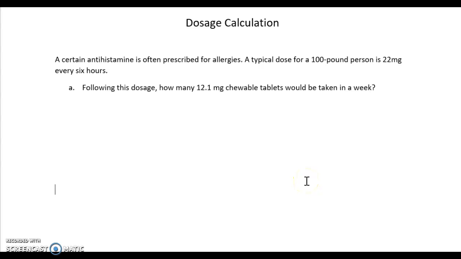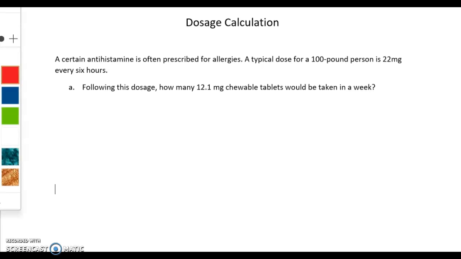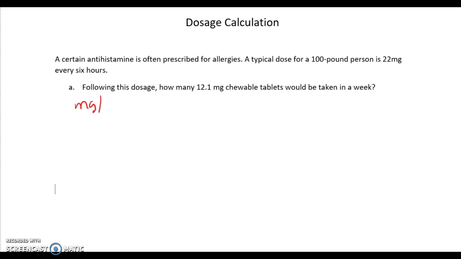In this video, I'm going to show you how to solve this problem under dosages. So the first thing we're going to do is to identify the units involved in the problem and the unit that we expect to have as an answer. So we were given milligram per hours.